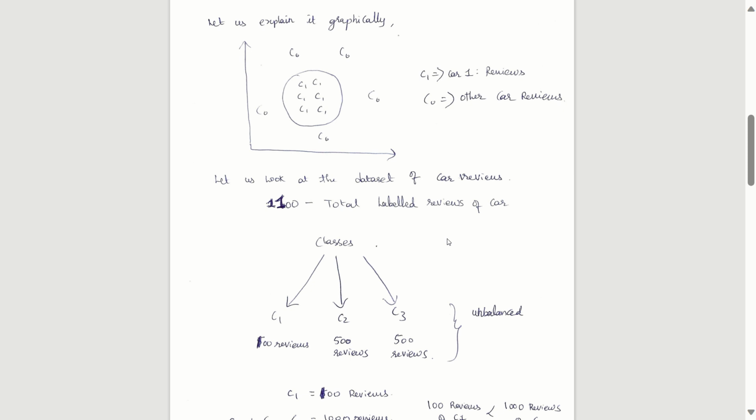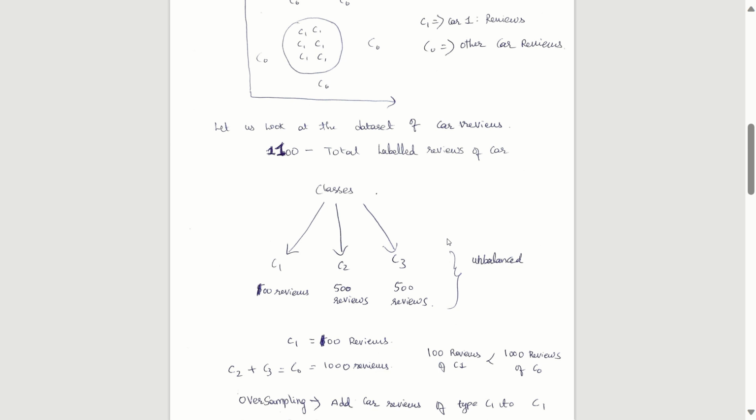We have divided those 1,100 reviews in the following way: 100 reviews belong to car type C1, 500 reviews to car type C2, and another 500 reviews to car type C3. So car type C1, which has 100 reviews, is definitely fewer than the 1,000 reviews of C0, the other car reviews, that is car 2 and car 3.